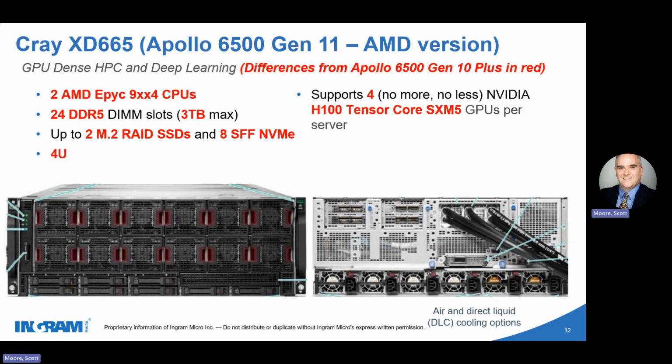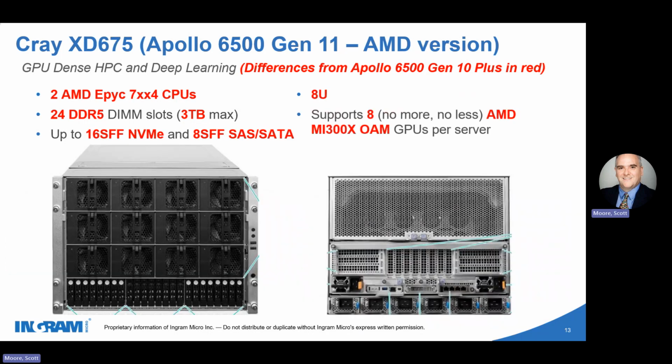Now the other AMD-based alternative to the Apollo 6500 is the Cray XD 675. The Cray XD 675 still has dual AMD EPYC processors. This uses the 7004 series as opposed to the 9004 used on the XD 665. 24 DDR5 DIMM slots for a max of 3 terabytes of memory.